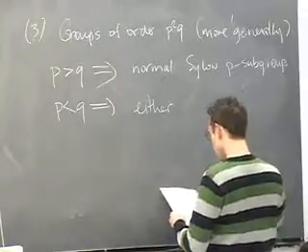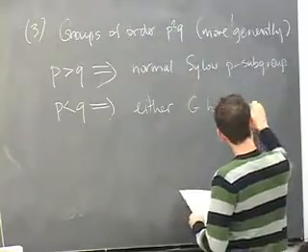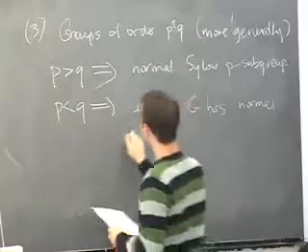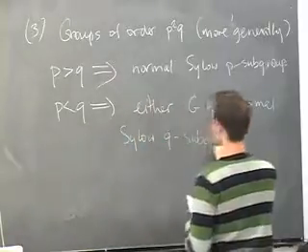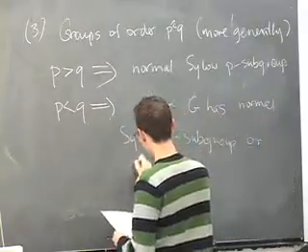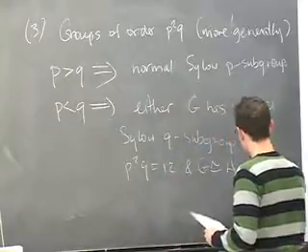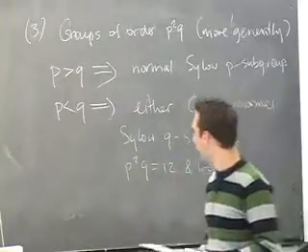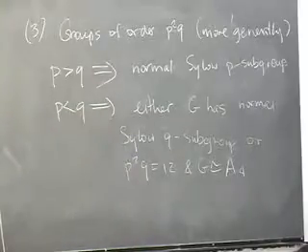Either G has a normal Sylow q-subgroup, or p squared q equals 12, and we're back to this degenerate case where G is isomorphic to A4.